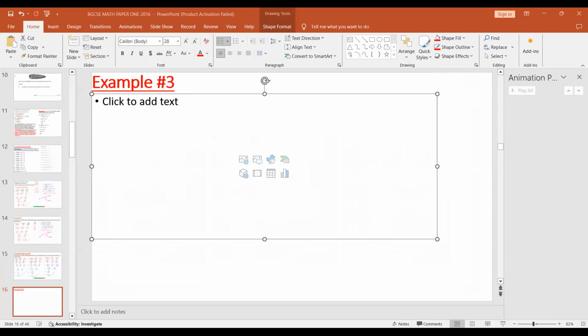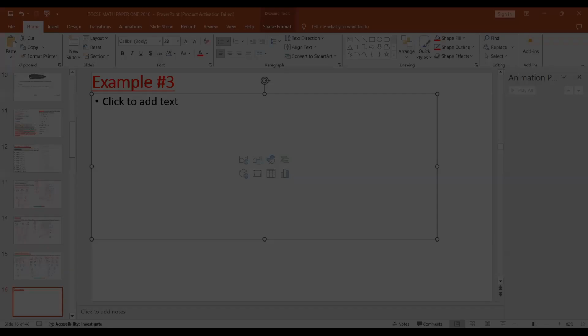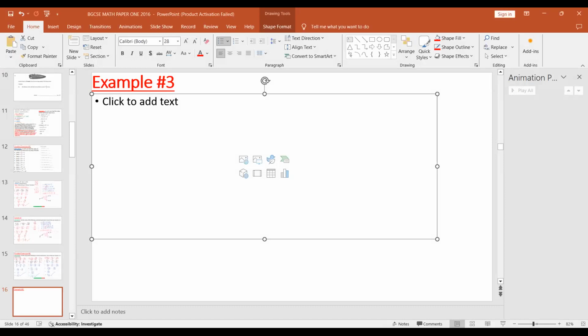We're also dealing with another mixed numbers question. It's not difficult. We're dealing with mixed numbers and regular fractions, so I guess that's easier.